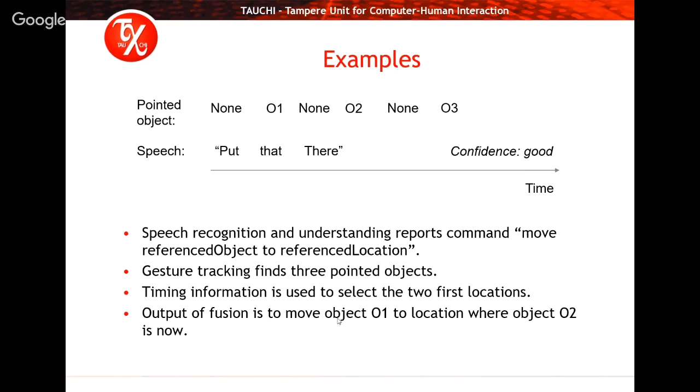We just use the timing information and look at which is most likely that location, and which is that location. So we can still make the same decision. We can ignore this third one. Maybe while moving their hand away, they just happened to point at some other object, for example.